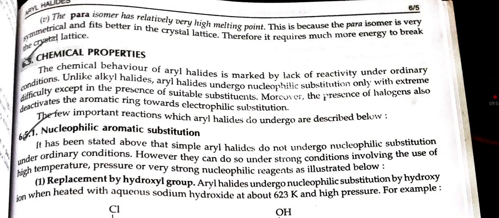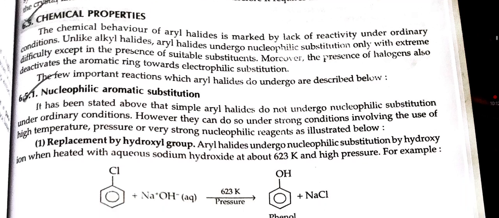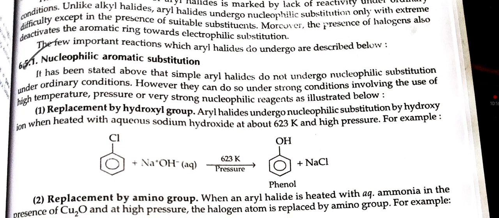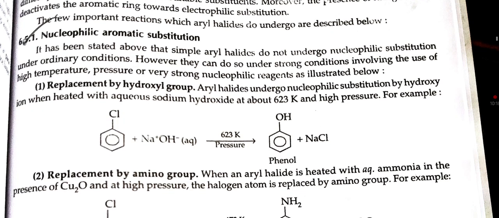Chemical properties. The chemical behavior of aryl halides is marked by lack of reactivity under ordinary conditions. Unlike alkyl halides, aryl halides undergo nucleophilic substitution only with extreme difficulty except in the presence of suitable substituents. Moreover, the presence of halogen also deactivates the aromatic ring towards electrophilic substitution.